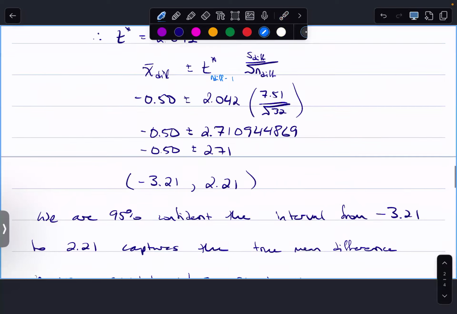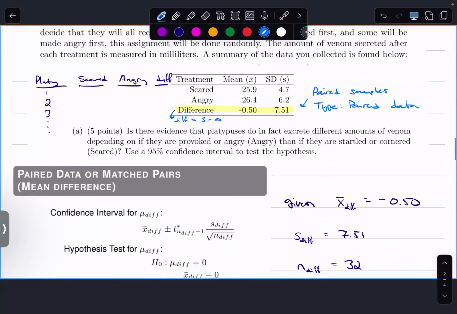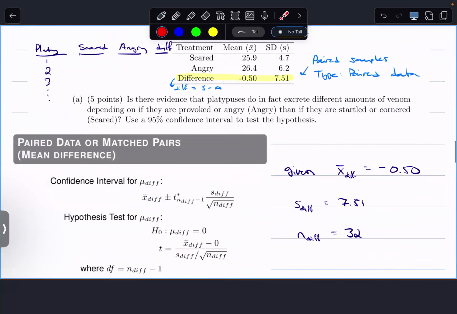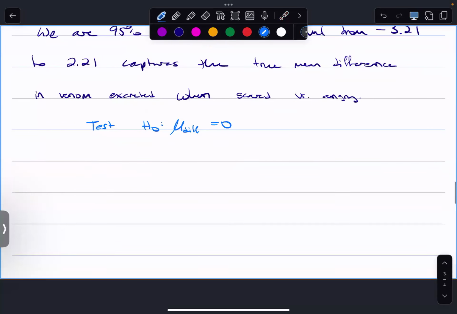In fact, if we want to know if they excrete different amounts, the alternative hypothesis that we're testing is that mu diff is not equal to 0. What's nice about paired data or matched pairs is that you're always comparing the mean difference to 0, right? Because if the mean difference is reasonably 0, then the two groups are the same and there's no difference between them.